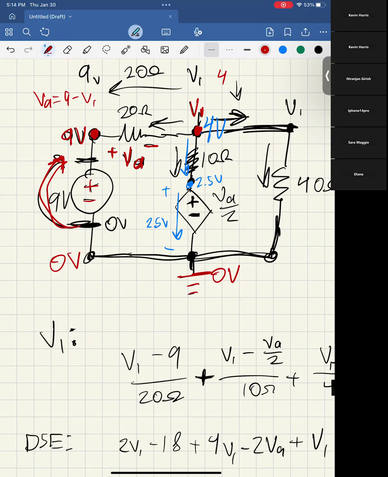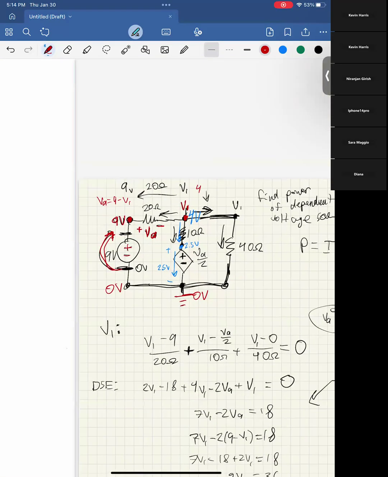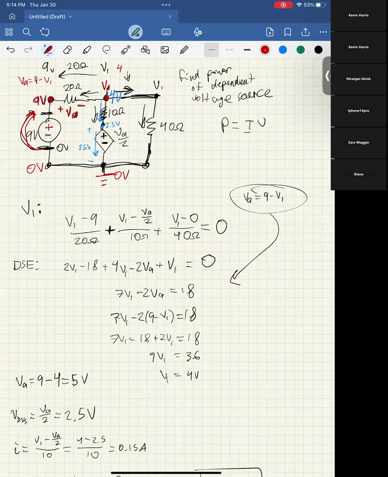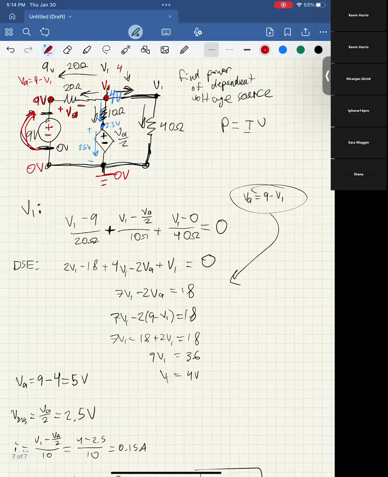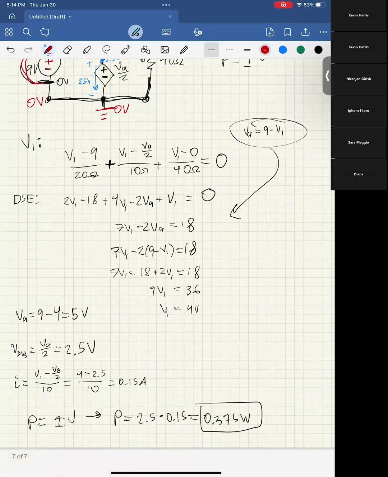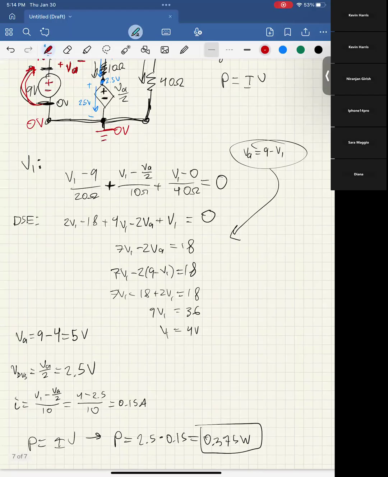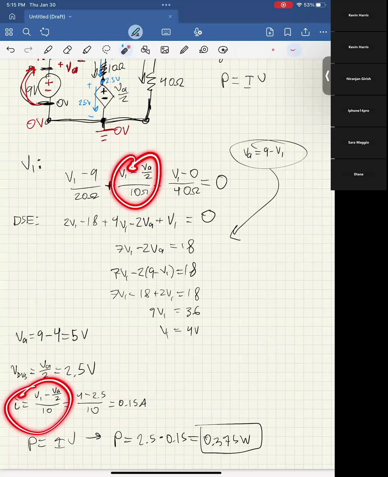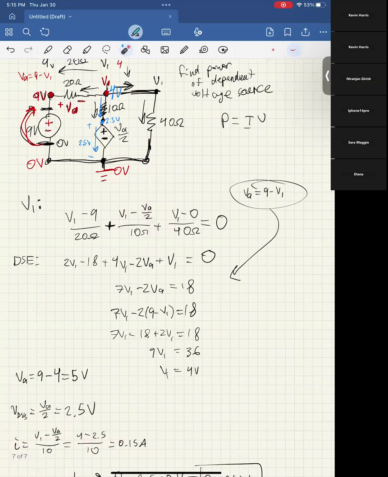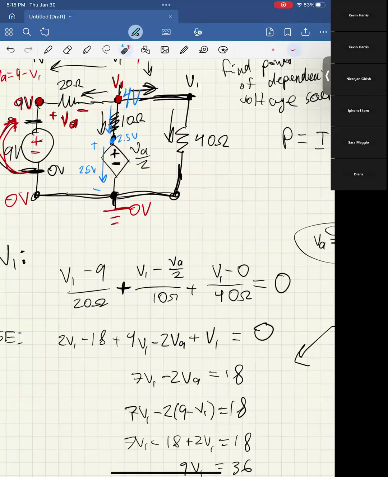Okay, how did I get V1 minus VA over 2, over 10, for current? That's the same thing that we did when we were writing the node voltage equations. You're asking about this. This is the same thing as this current coming out of this node.